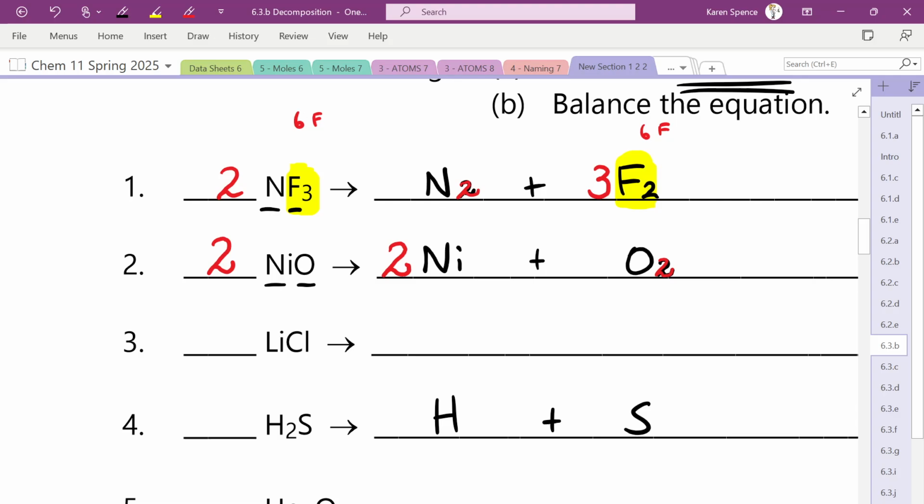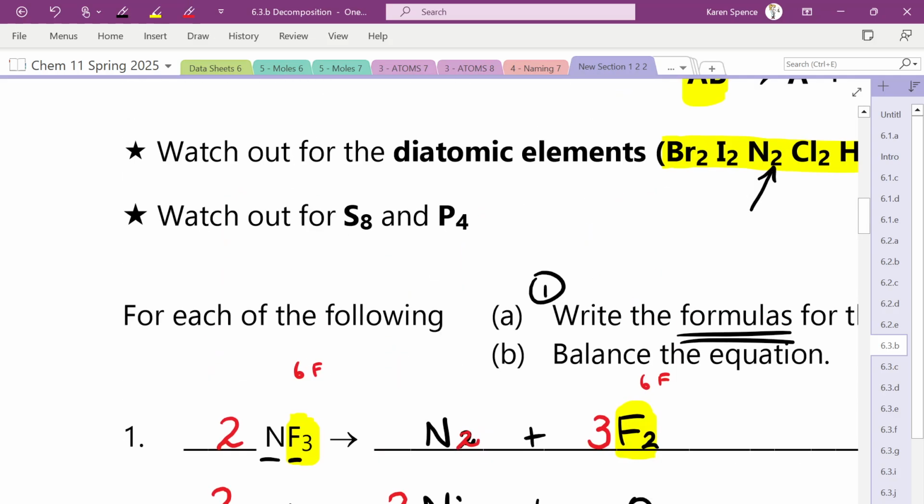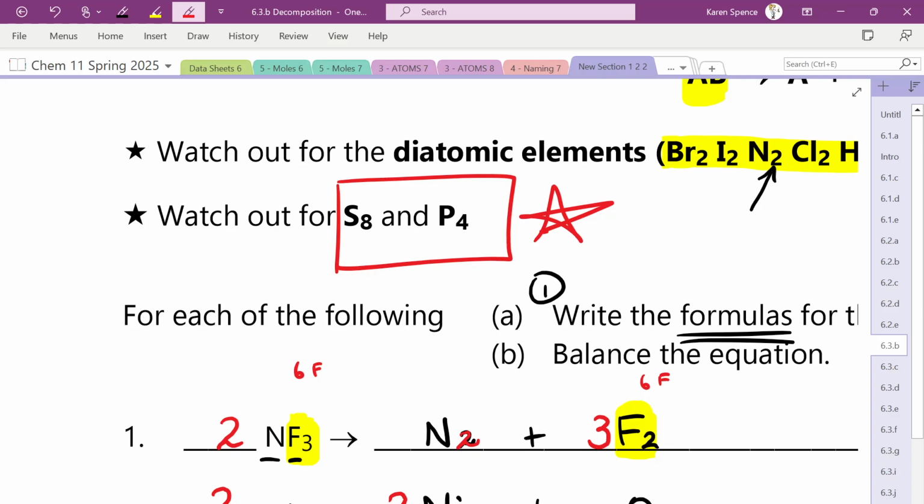Now we ripped apart the hydrogen and the sulfur. Is hydrogen diatomic? Yes. Now there are 2 other elements you need to watch out for, and those are S and P. S and P. For whatever reason, they just are that way. I will write these at the top of any quiz that you write, but you have to remember to look at them.